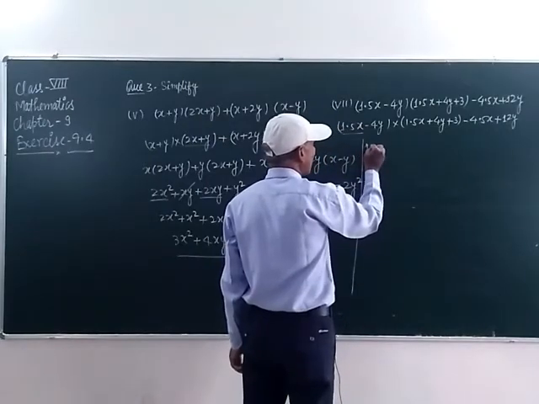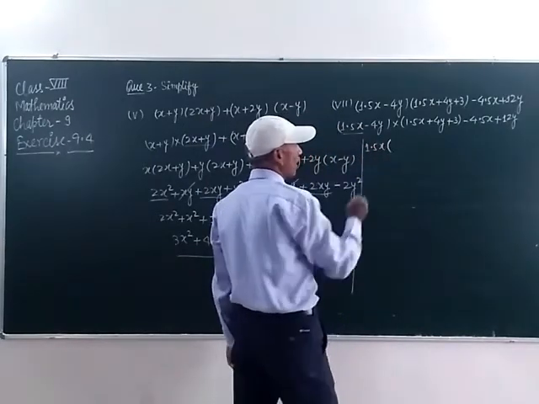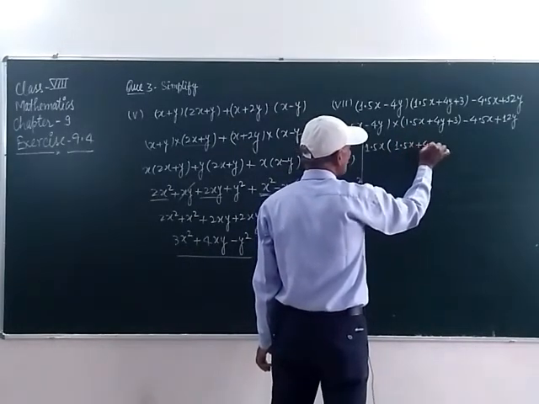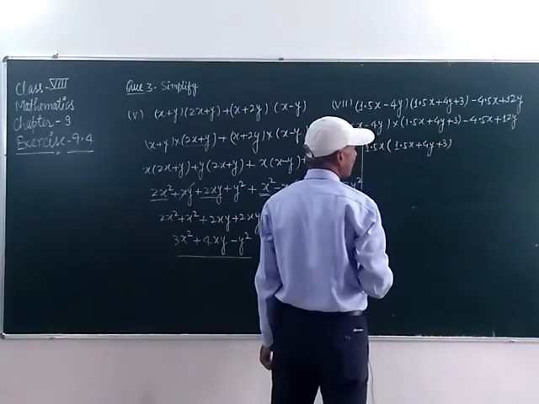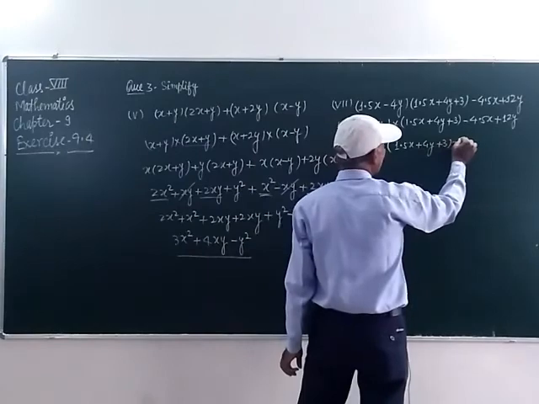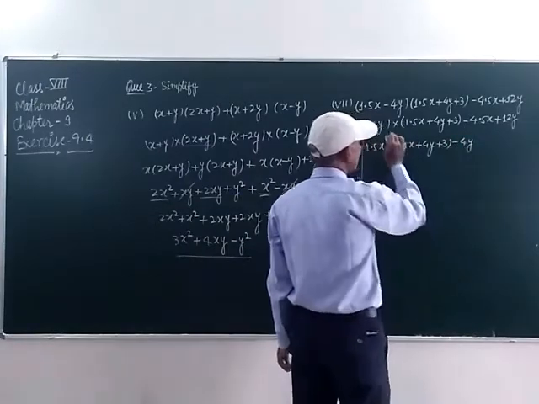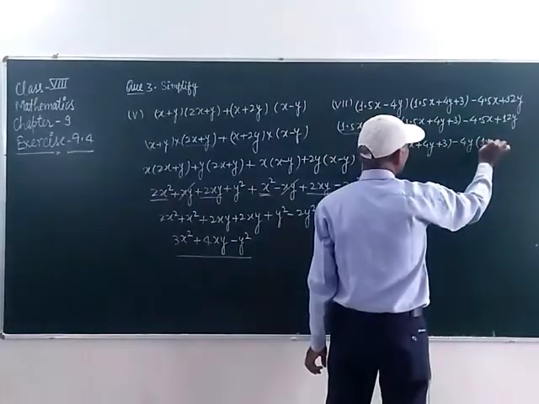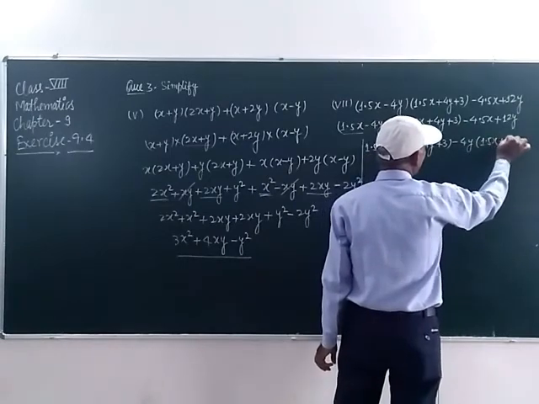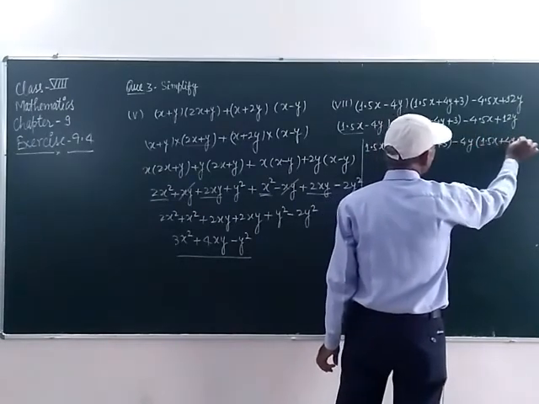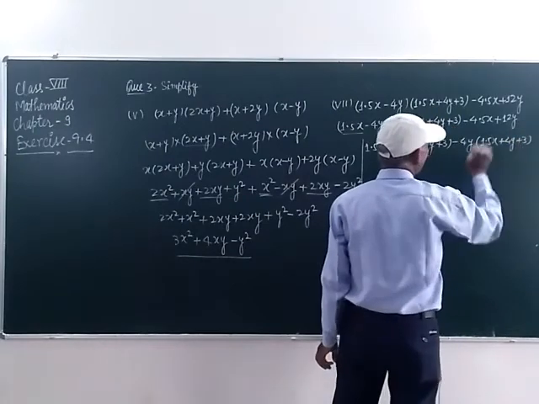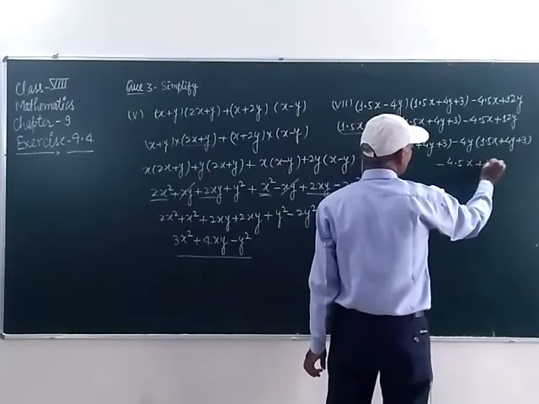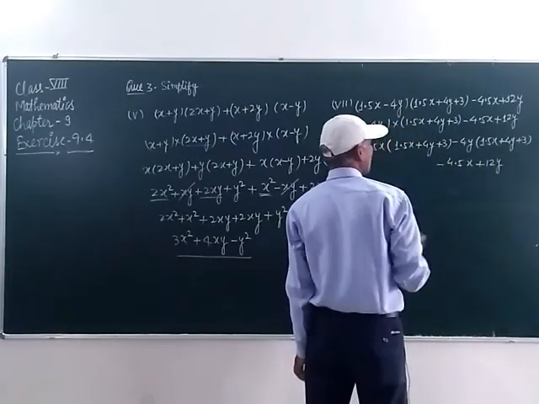So 1.5x multiplied by (1.5x + 4y + 3), minus 4y multiplied by this one (1.5x + 4y + 3), minus (4.5x + 12y). This one is student.